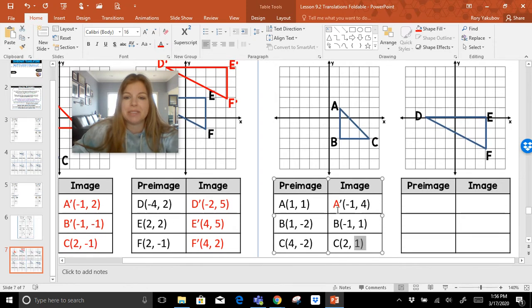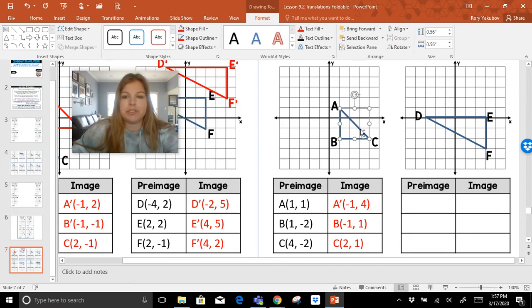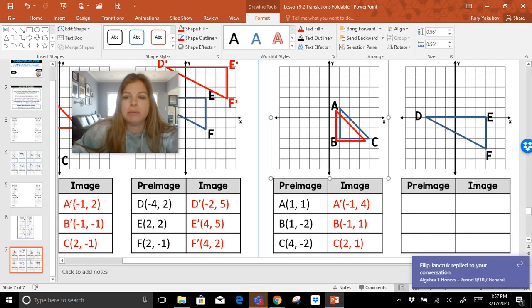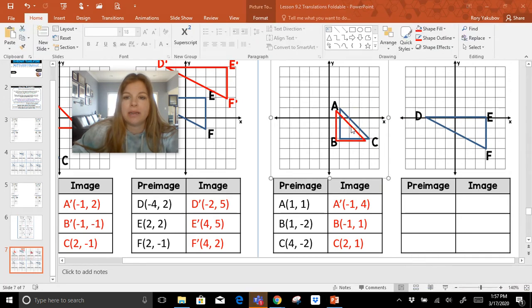I'm going to make these all red. I'm going to duplicate this and show you that if I take this figure and subtract 2, it would mean that I would be going left 2 units and then up 3.